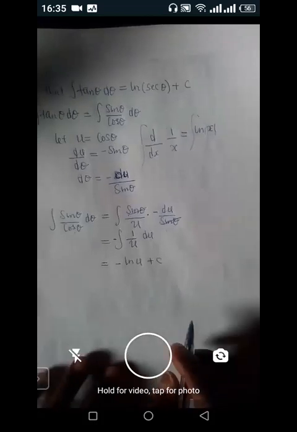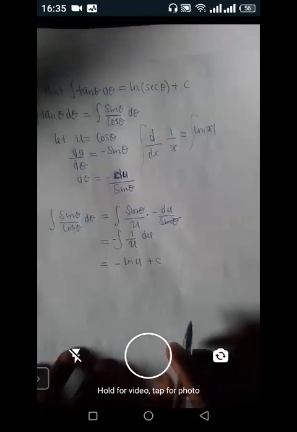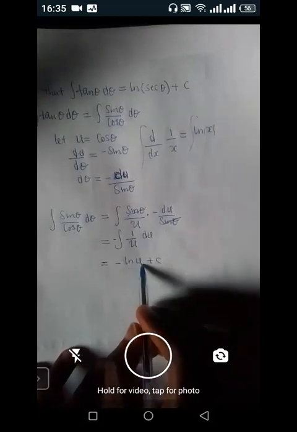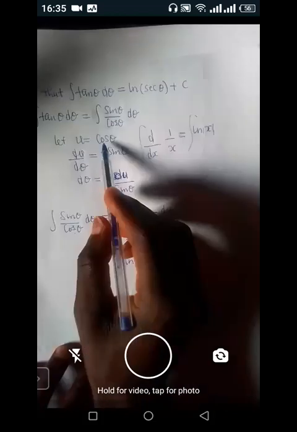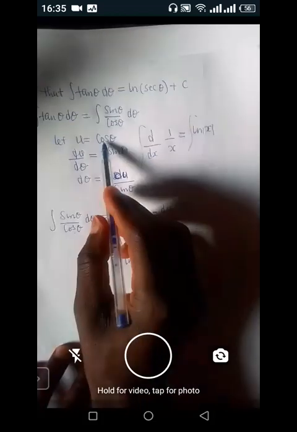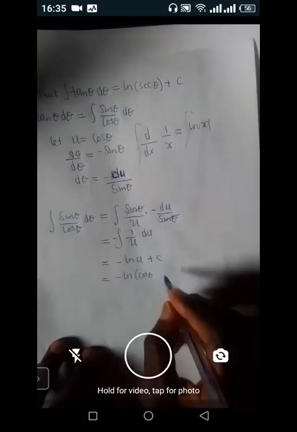This is a logarithmic function, but you know what your u is? Your u is cos theta, so it is minus the ln of cos theta plus c.